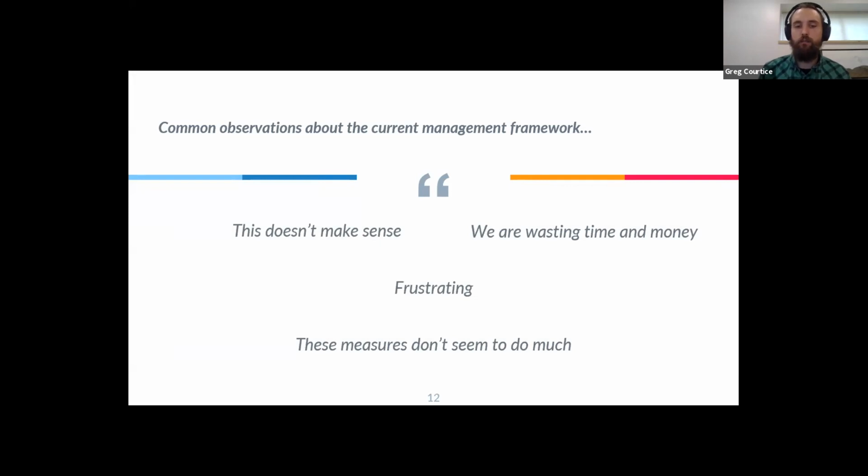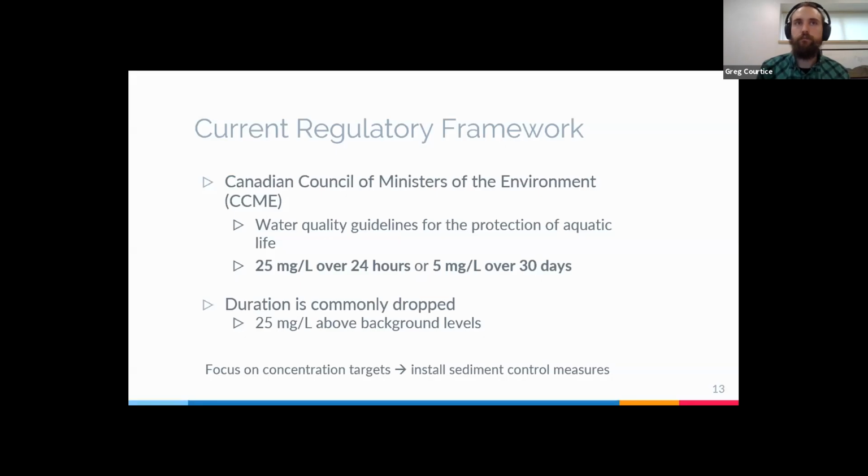I've talked to many people, and there's a lot of frustration, and it doesn't seem to fit the activities, but we don't have anything better. I found that most people have difficulty articulating why it's frustrating, and that's something that I'm hoping to be able to shed some light on through this presentation and propose some solutions to that.